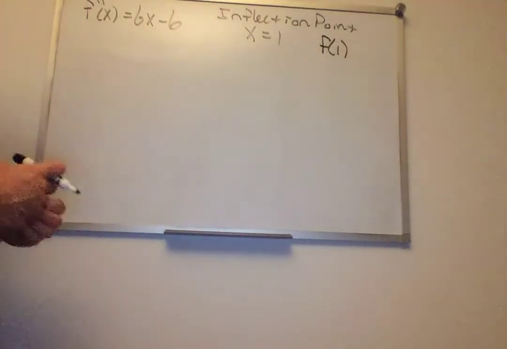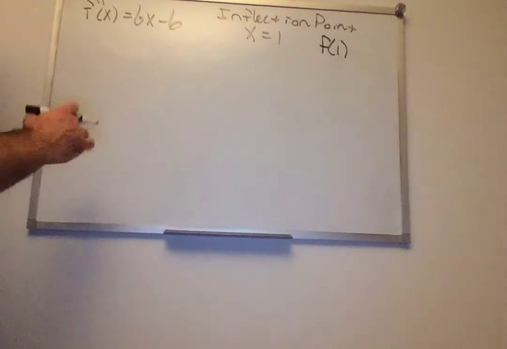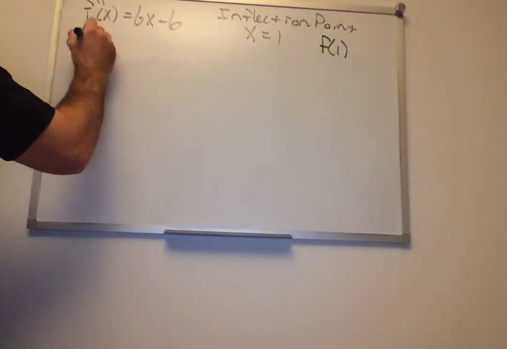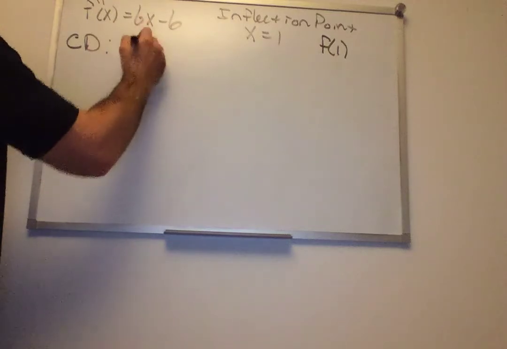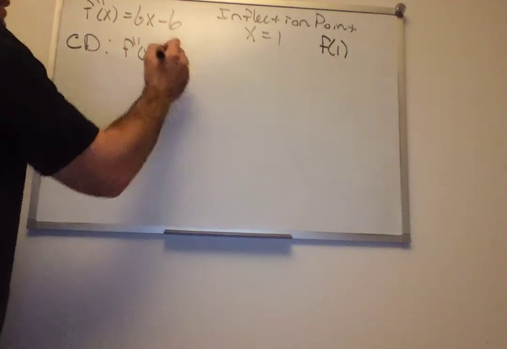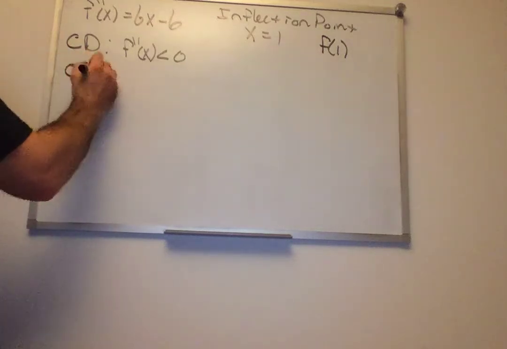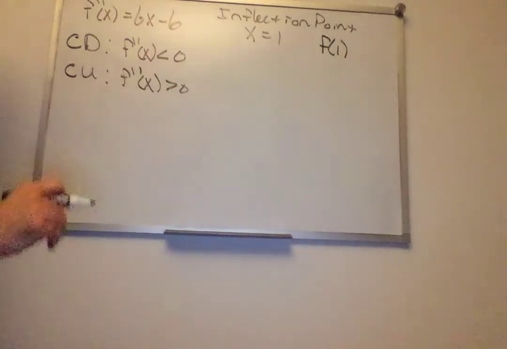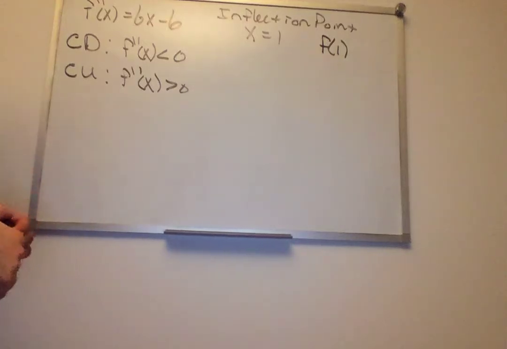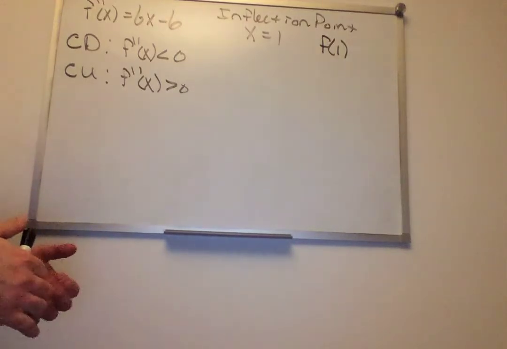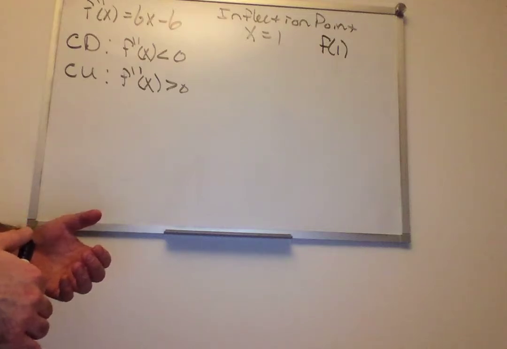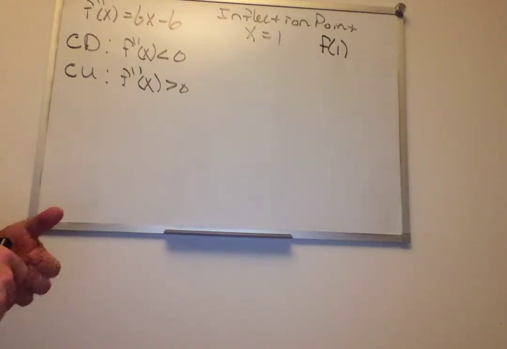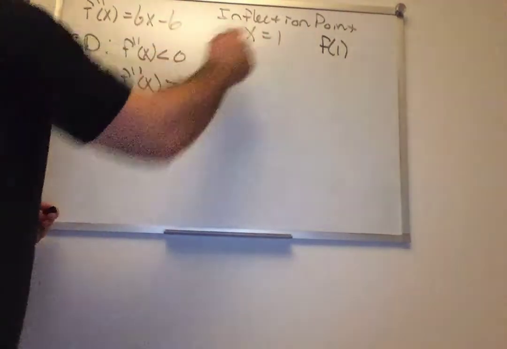Now what we want to do is find the intervals of concave up and concave down. Concave down was the second derivative being less than 0. Concave up was the second derivative greater than 0. I hope you see the parallels between the increasing/decreasing test and this concavity test.